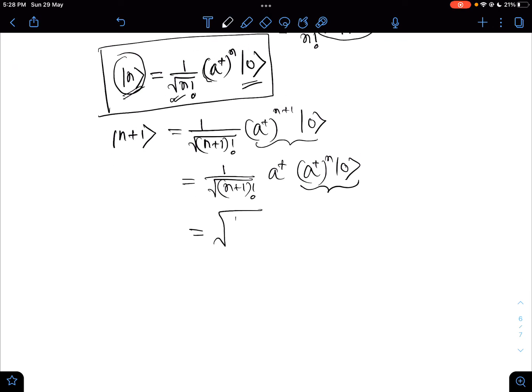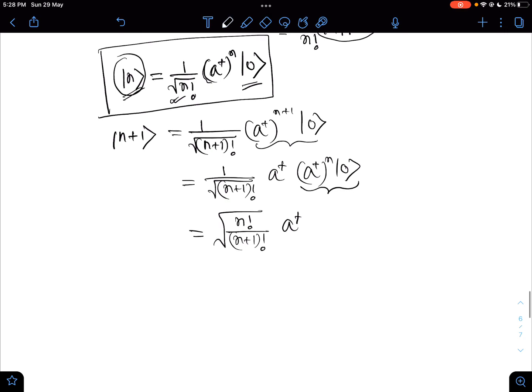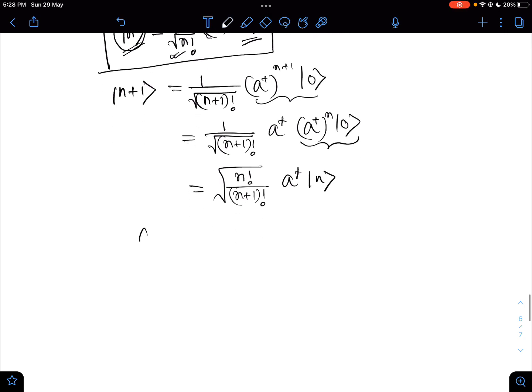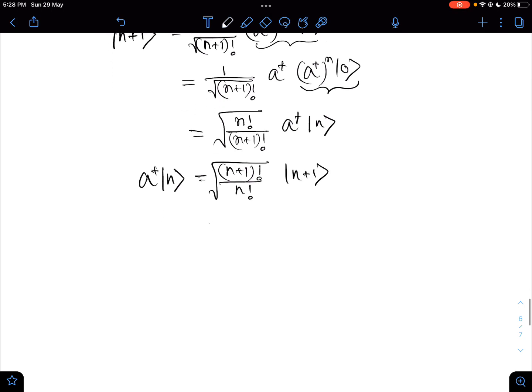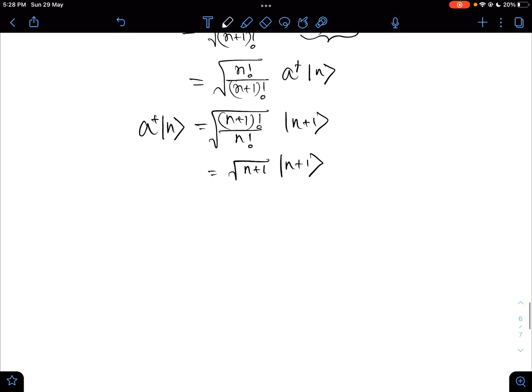This value is root n factorial by root (n+1) factorial, and we have a† acting on |n>. So what is a†|n>? a†|n> is root under (n+1) factorial by n factorial multiplied with |n+1>. So this is simply root (n+1) times |n+1>. And similarly, we can show that a|n> will be root n times |n-1>. These are all the results which we need for doing any mathematics.